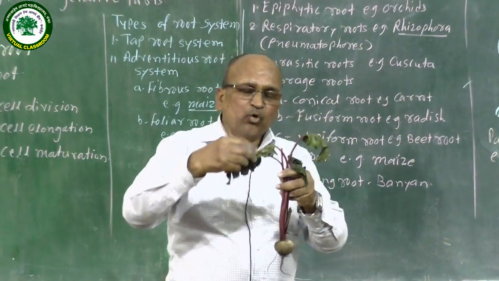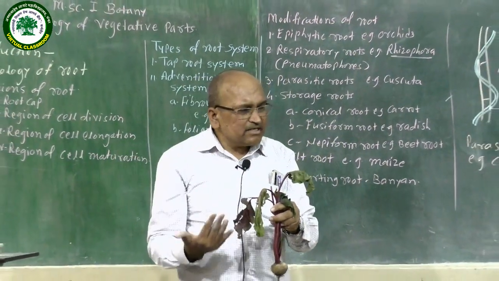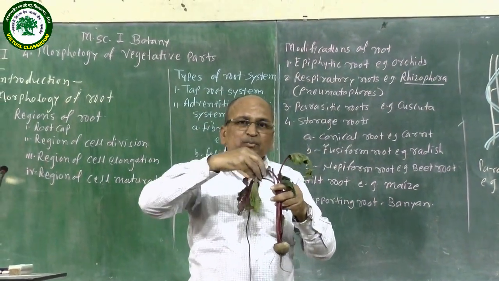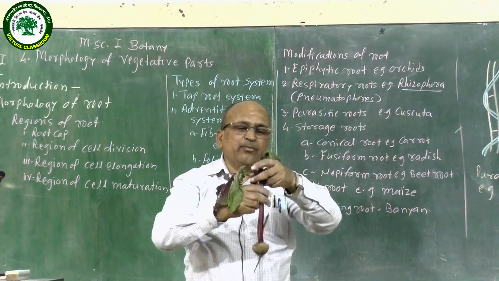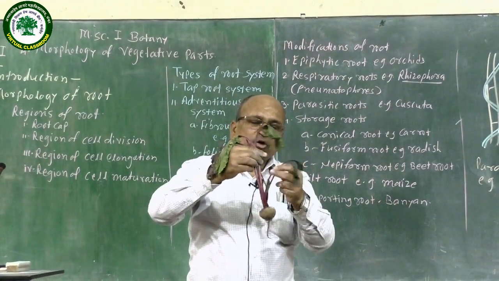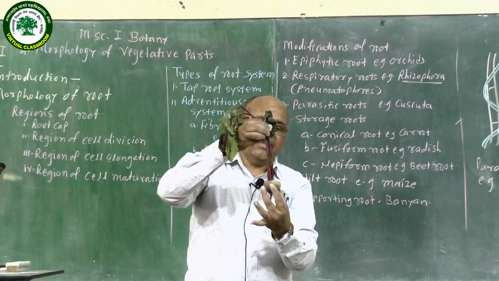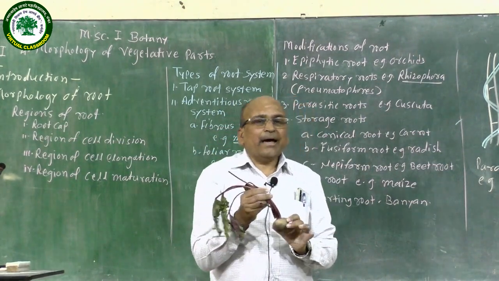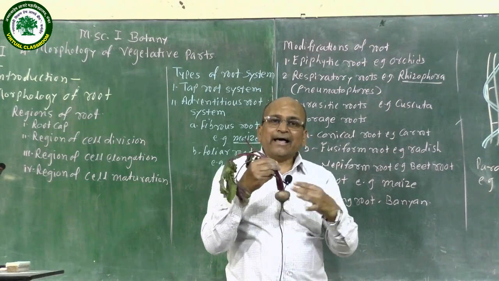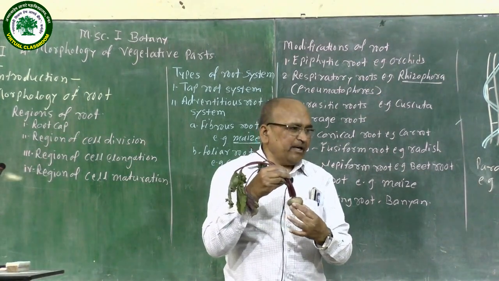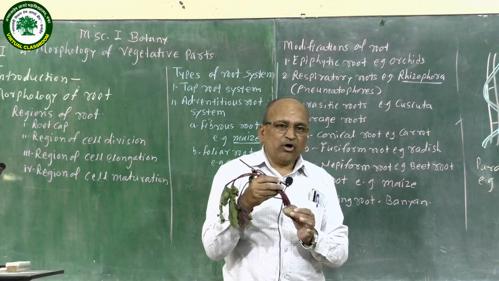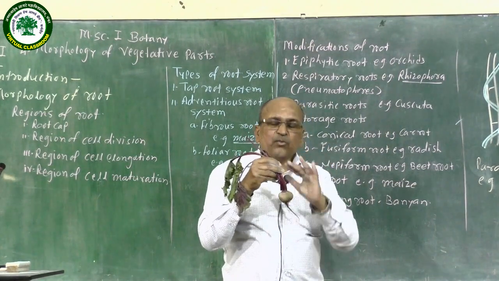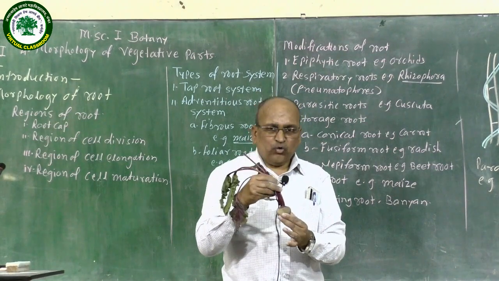They take part in photosynthesis, synthesize carbohydrates or food material, and this food material is translocated from the leaf through the petiole region and transferred to the root system. In the root system, abnormal or anomalous secondary growth takes place. A number of cells are formed, and in these cells food material is stored.